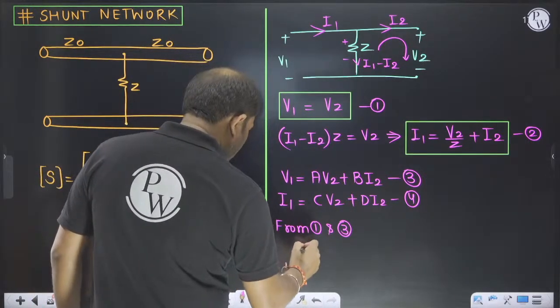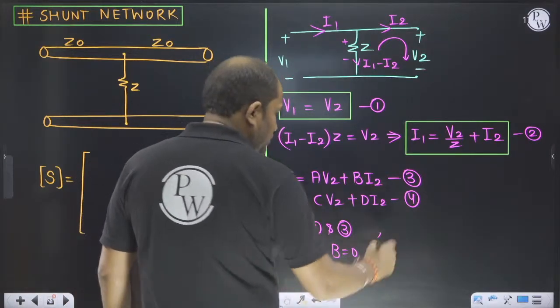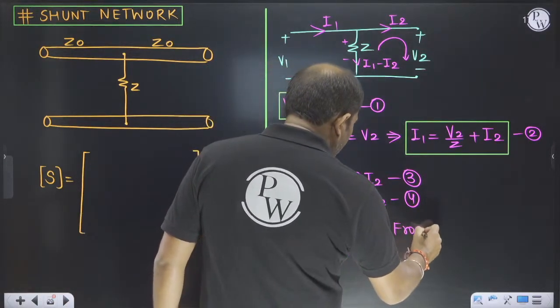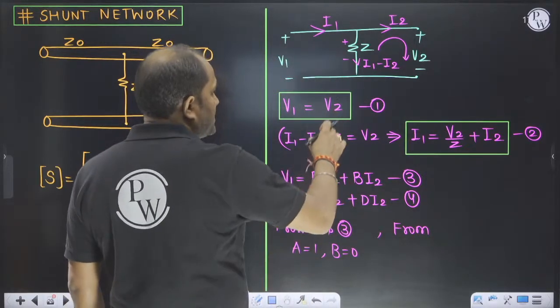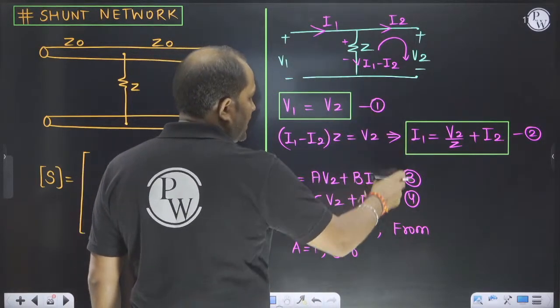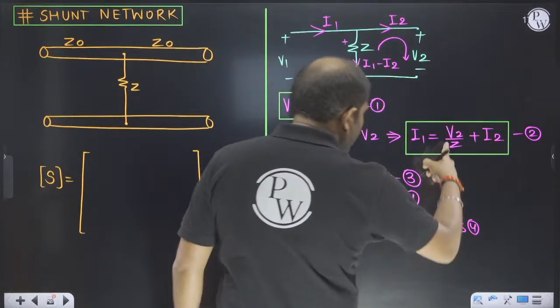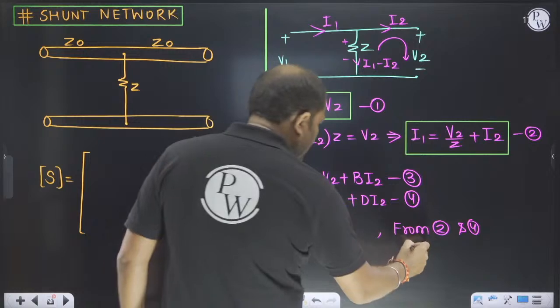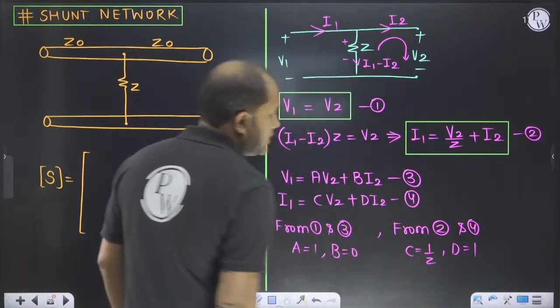From second and fourth, C is equal to 1 by Z, D is equal to 1.